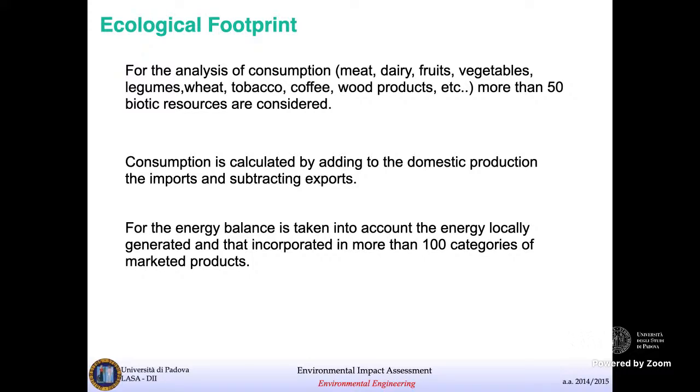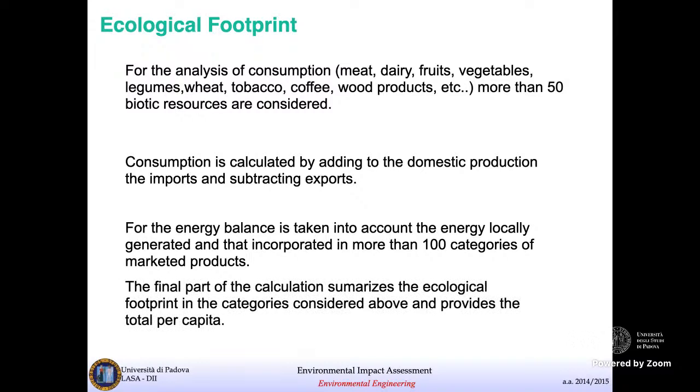For the energy balance, it is taken into account the energy locally generated but incorporated in more than 100 categories of marketed products. The final part of the calculation summarizes the ecological footprint in the categories considered above and provides the total per capita evaluation.